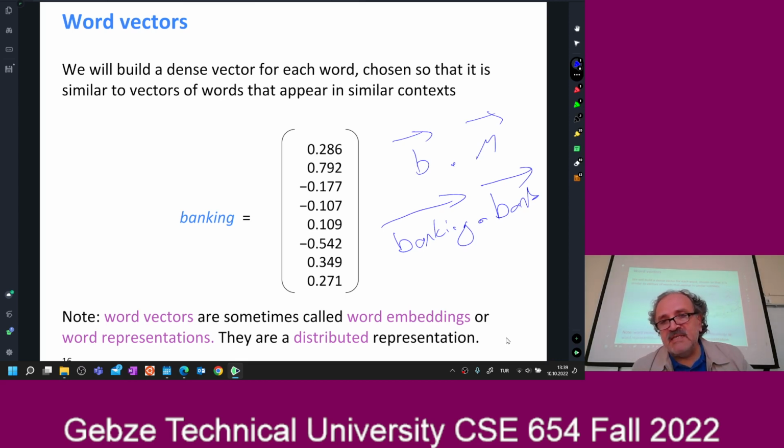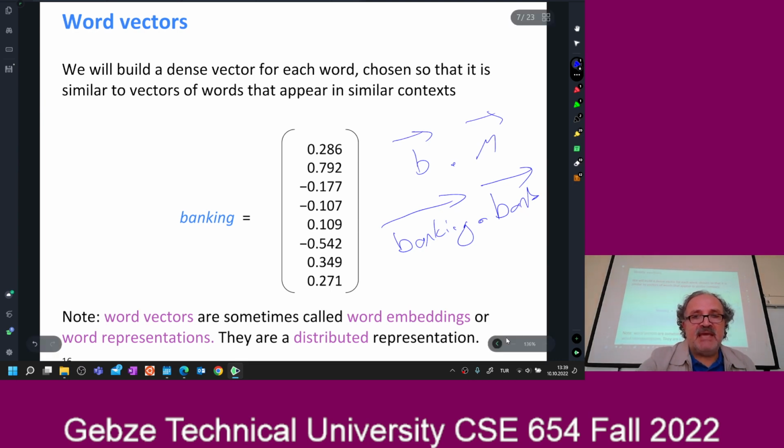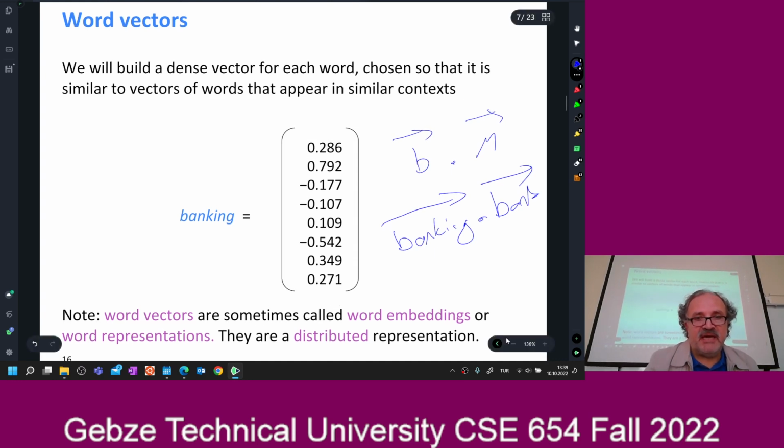We are going to satisfy each of those requirements. For example, banking and bank will have similar vectors. What else? Banking and money will have similar vectors, etc.